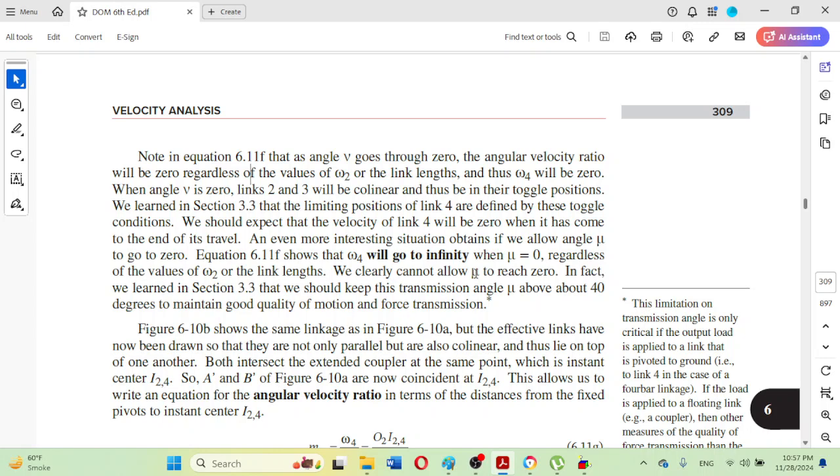We clearly cannot allow mu to reach 0. In fact, we learned in section 3.3 that we should keep this transmission angle mu above about 40 degrees to maintain good quality of motion and force transmission.